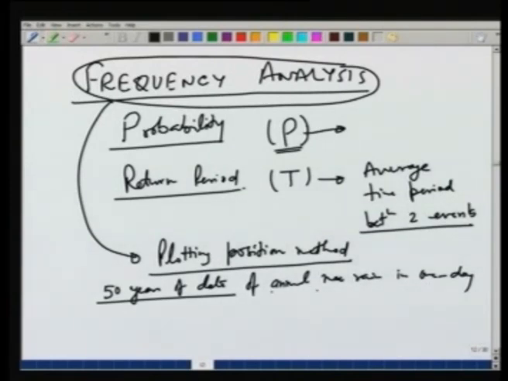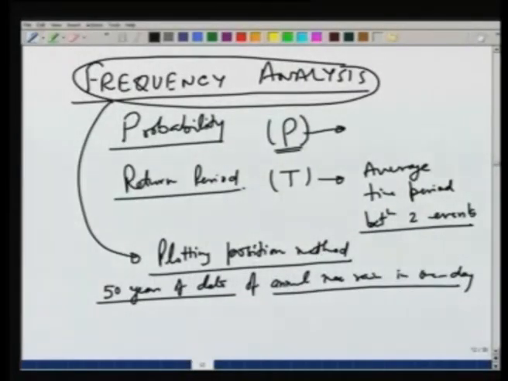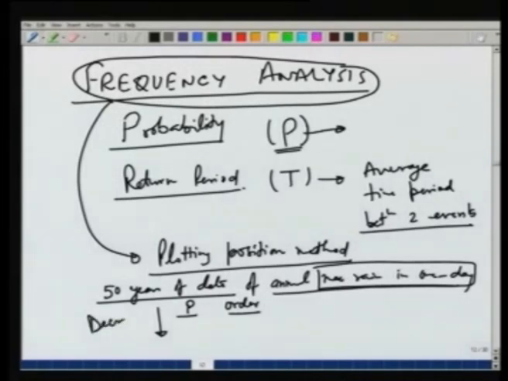Now, this may be in 1 day, it may be in 1 hour, 6 hours, 18 hours, whatever time period we choose. Let us choose the period of 1 day. We can arrange it in decreasing order. So, we have depth of precipitation and its order or rank, and this would be in decreasing order.